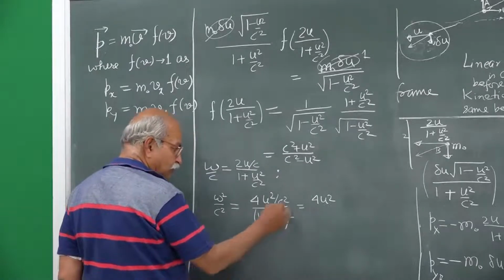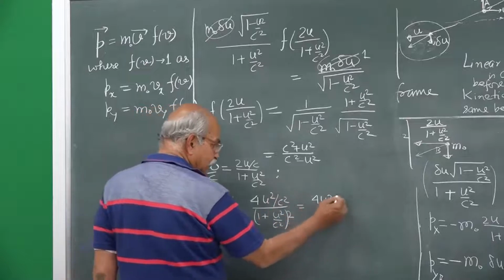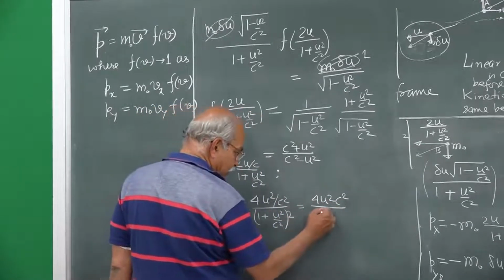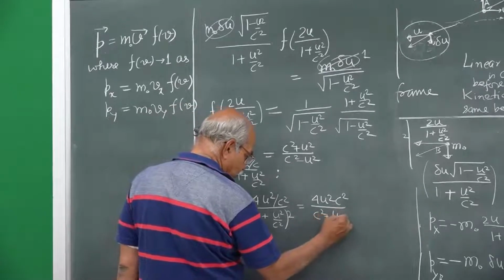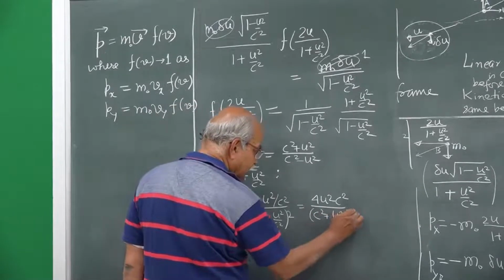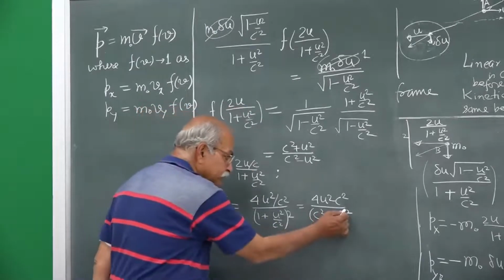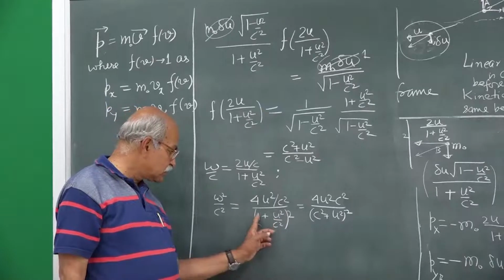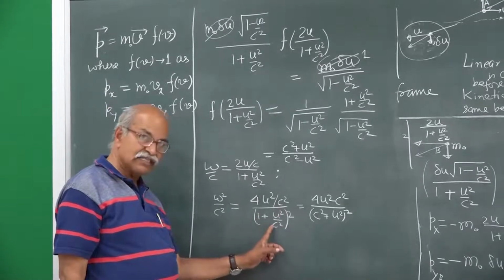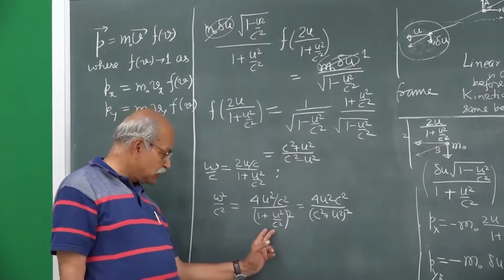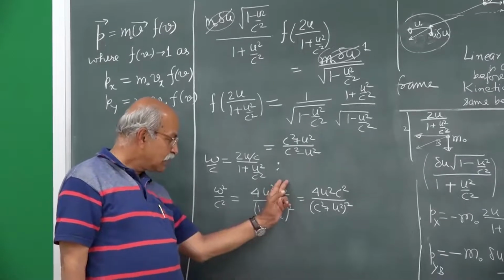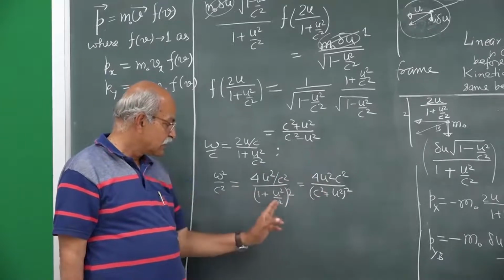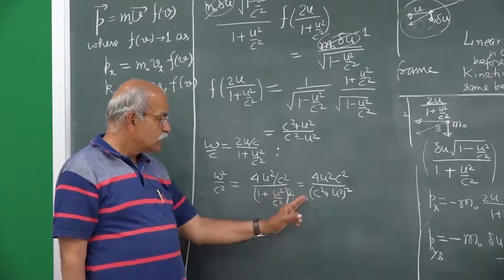So, c to the power 4 will come here, and this you can cancel, this is c², and then it is (c² + u²) whole square. Okay, simple algebra. When you square it, here you will get (c² + u²)/c², and squaring gives you c to the power 4 which goes up, and that c² cancels with that c⁴ giving you this c², and here it is (c² + u²) whole square.